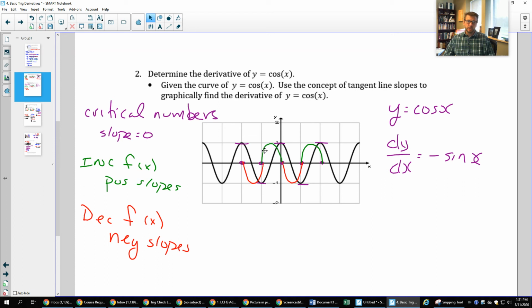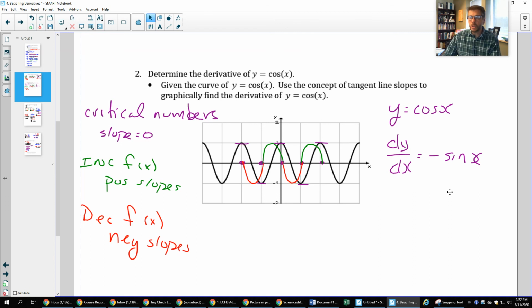Then again my function's decreasing, so I have a region of negative slopes. When I go from negative slopes to positive slopes to negative slopes to positive slopes, I don't get a sine function. I get a reflection of the sine function. So the slope of a cosine curve is always going to be negative sine x.